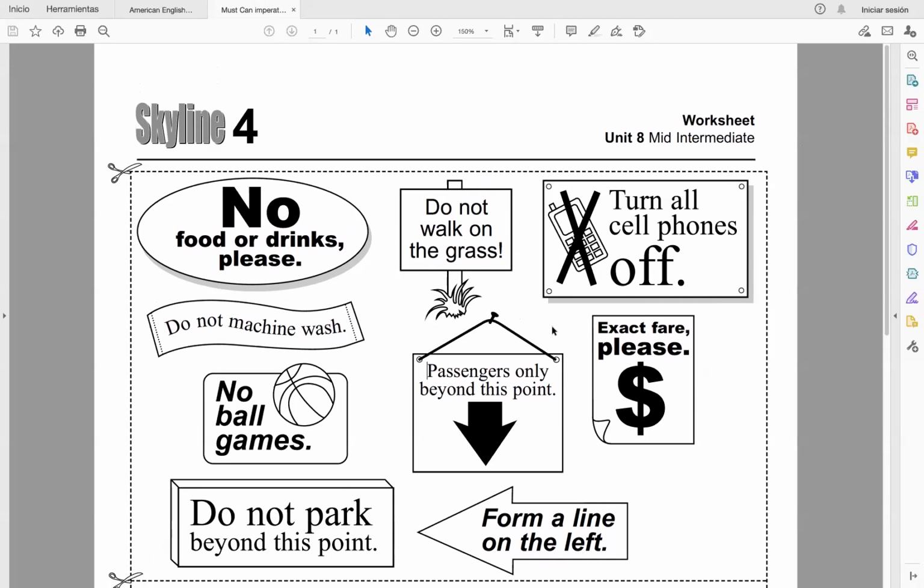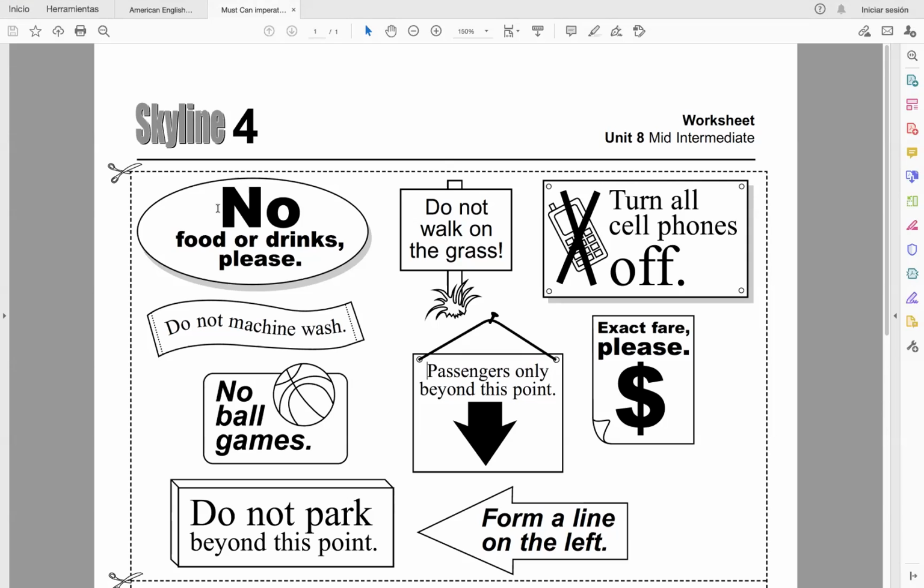Because usually when you find a sign in a particular place, those signs are giving you a message, which means obligation, prohibition, recommendation, necessity, etc. So let's go one by one, checking. Let's see if we can come up with some ideas.